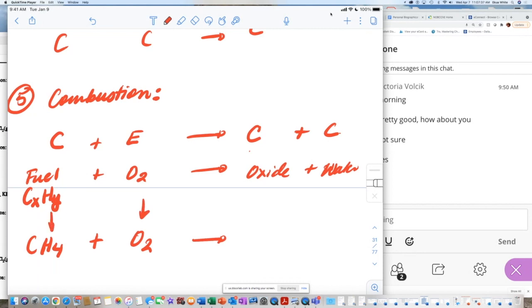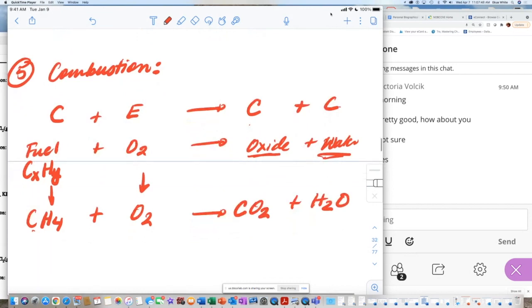That matches that, that matches that. The oxide here is just carbon dioxide plus water. We all know what water looks like, H2O. So when you see a chemical reaction that has this format, a compound and an element, a compound and a compound, where the second compound is water, the element is oxygen, then you can conclude this is a combustion reaction. Okay, so combustion.